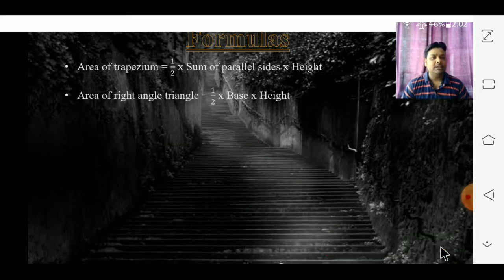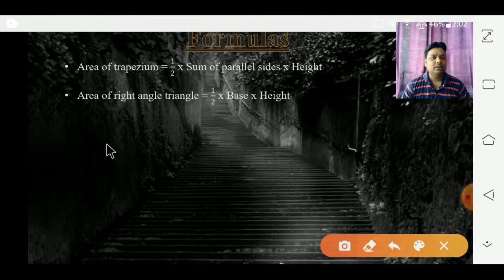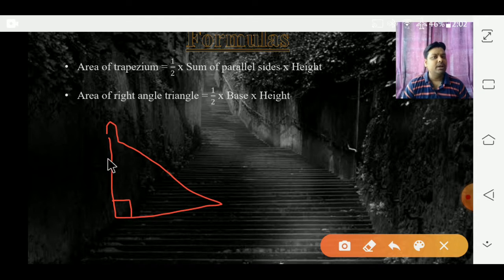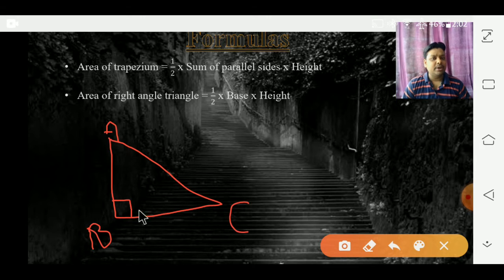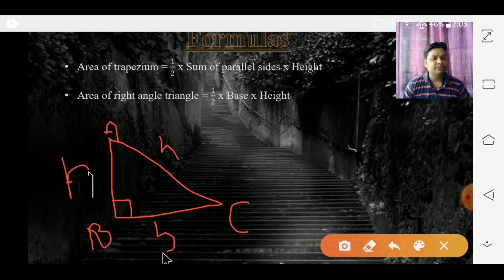And same as in a right angle triangle, we know that one angle is always equal to 90 degrees. So here ABC is a triangle whose right angle is at B, then we can say that this is the hypotenuse H, this is the perpendicular P, and this is the base B. So the area of a right angle triangle is equal to 1 by 2 into base into height.